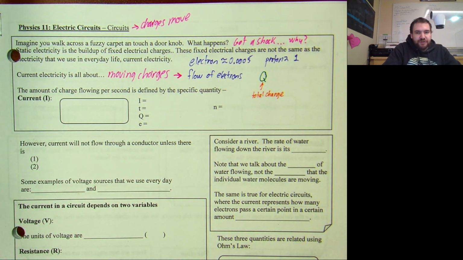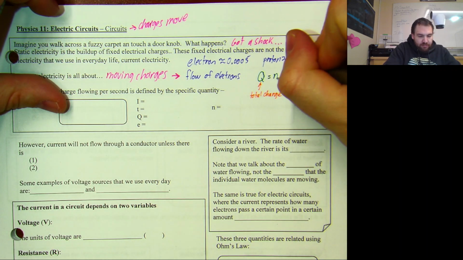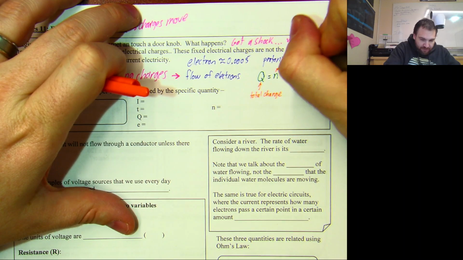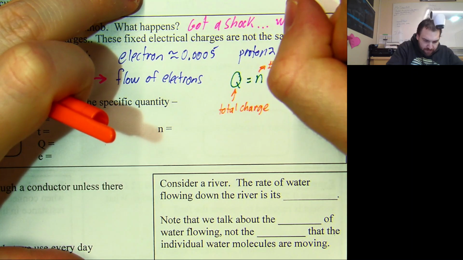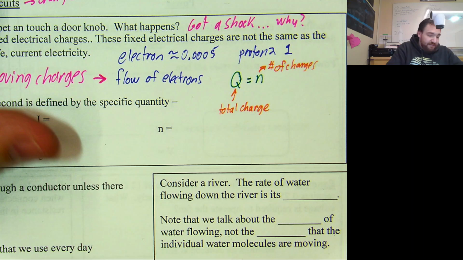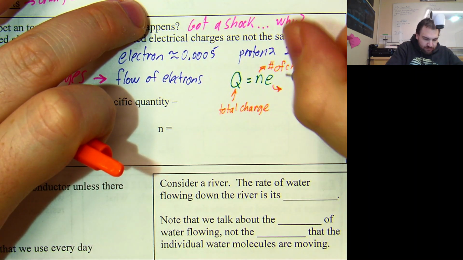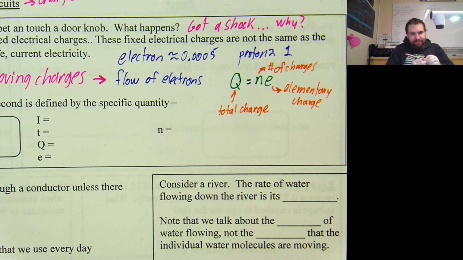We give total charge as a multiple n, the number of charges, times the fundamental charge, or elementary charge, which is E. I'll give that to you down here.